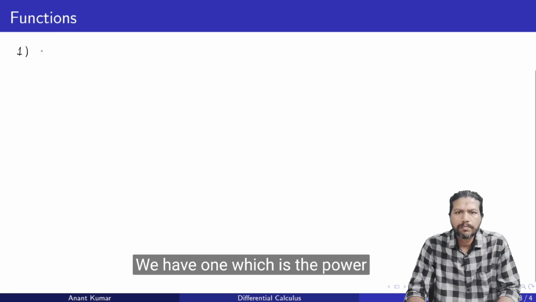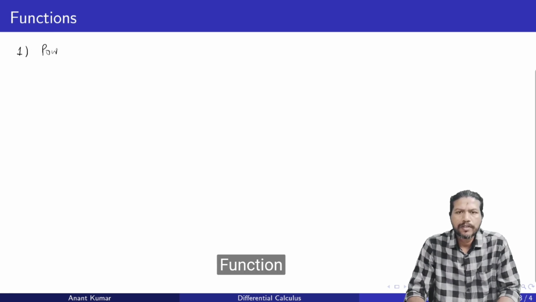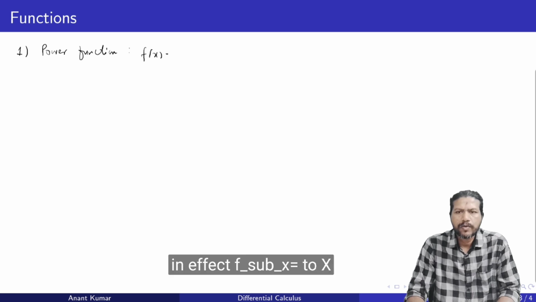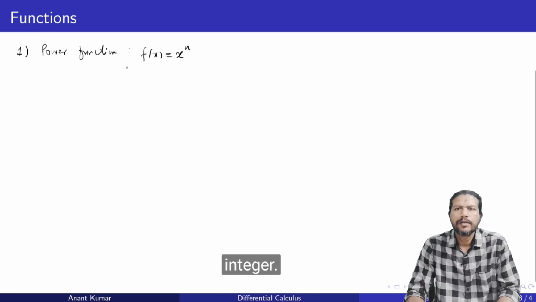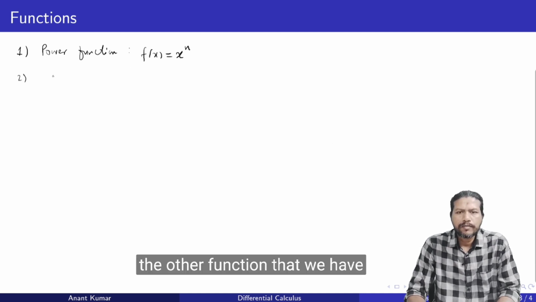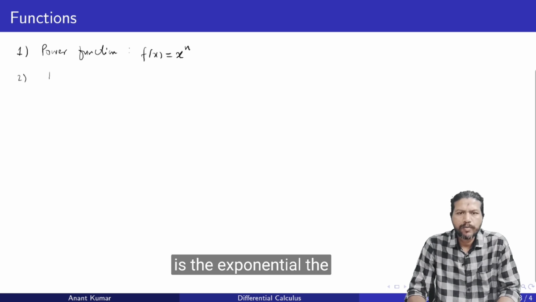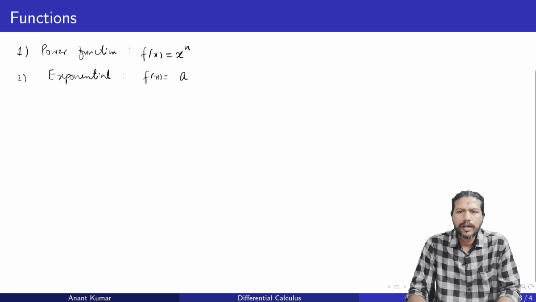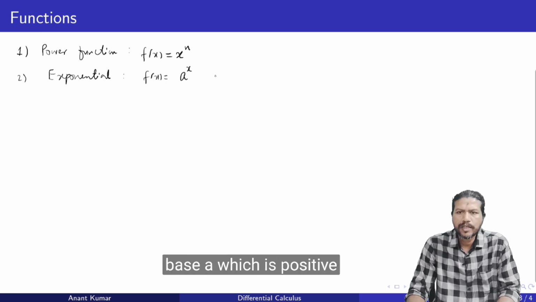We have one which is the power function. The power function is in effect f(x) equal to x raised to the power n for some power n, which may be an integer, it may not be an integer. The other function that we have is the general exponential, which is of the form a raised to the power x for some base a which is positive but not equal to 1.